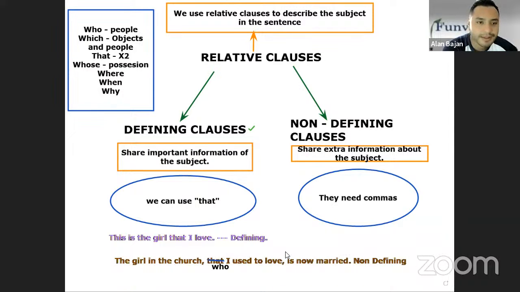How can I identify them? Because of the commas. Non-defining clauses are longer than defining clauses. Which is for objects and animals.